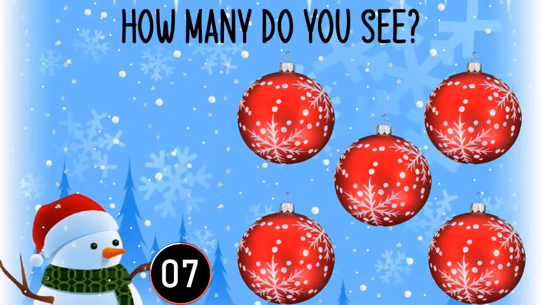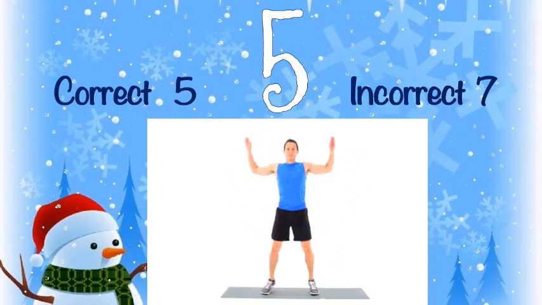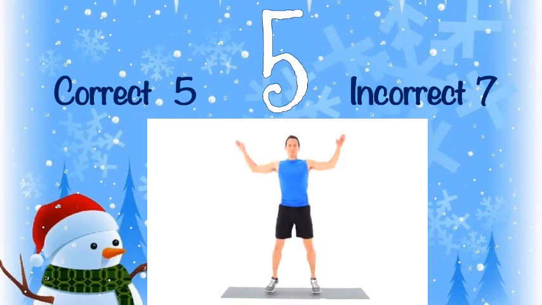How many do you see here? All right, correct answer was 5. So you're doing 5 jumping jacks, or if you got it wrong, 7.